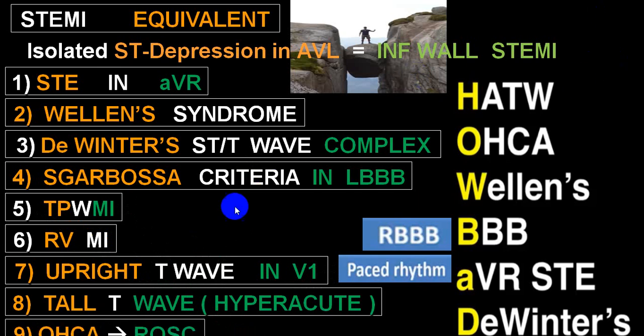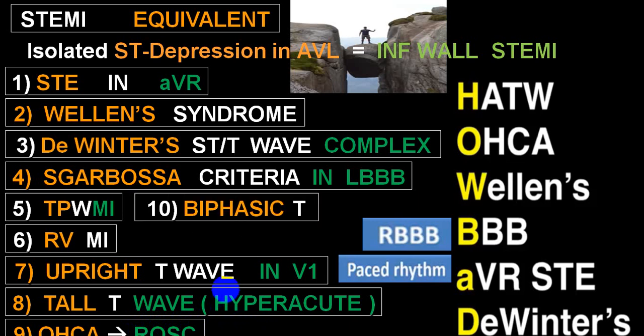Then out of hospital cardiac arrest, and the person has now got, yes, what does this mean? Restoration of spontaneous circulation. So that will be taken as one of the conditions where you will have ST segment changes. You will have to pick that up.